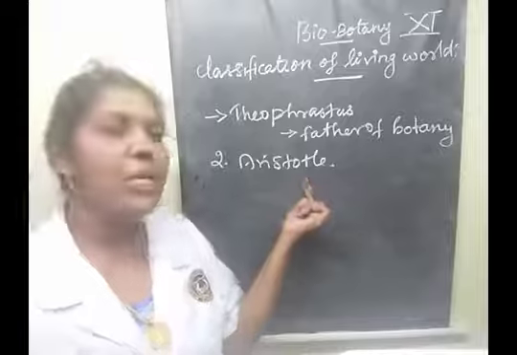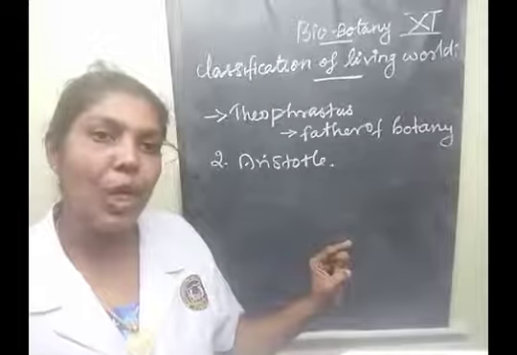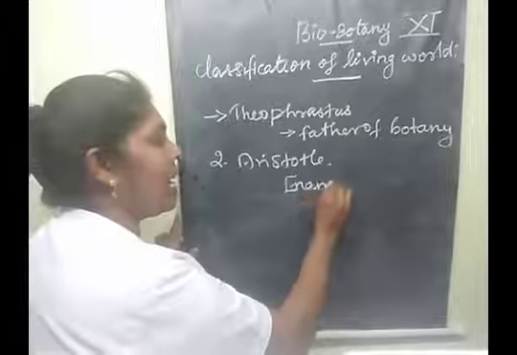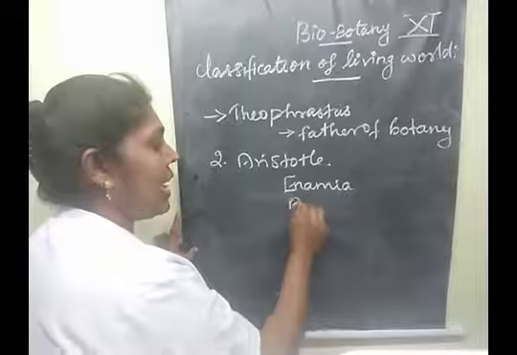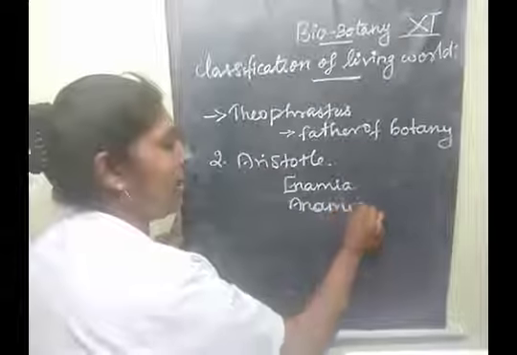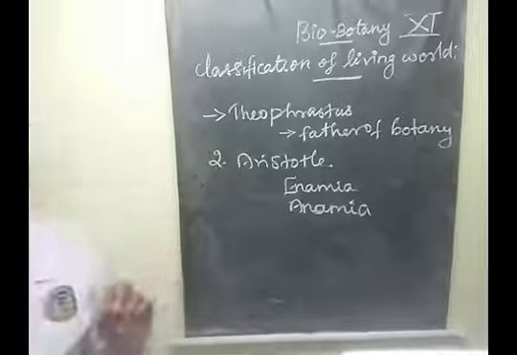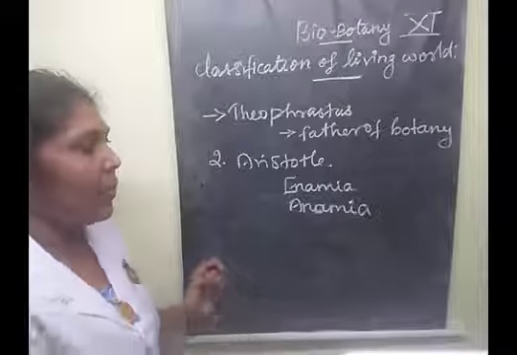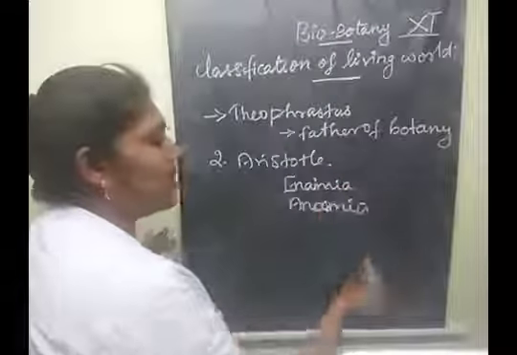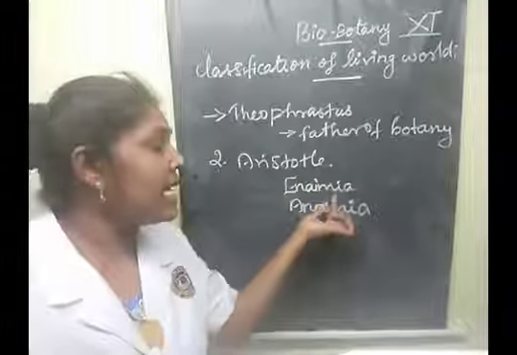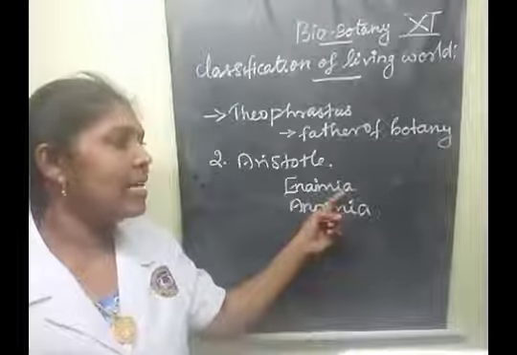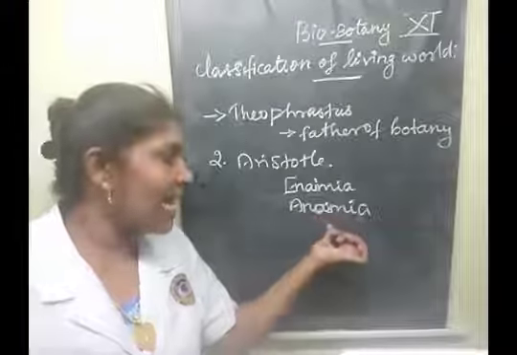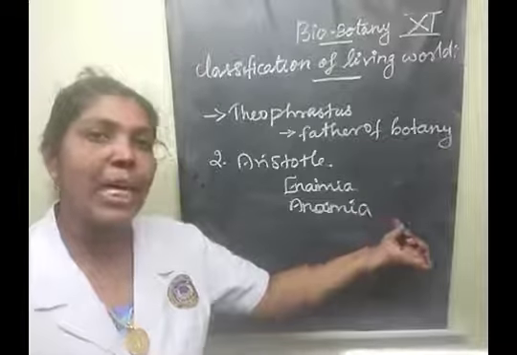Okay? This person classified living animals into 2 groups: Enaima and Anaima. Enaima means with red blood cells, and Anaima means without red blood cells.